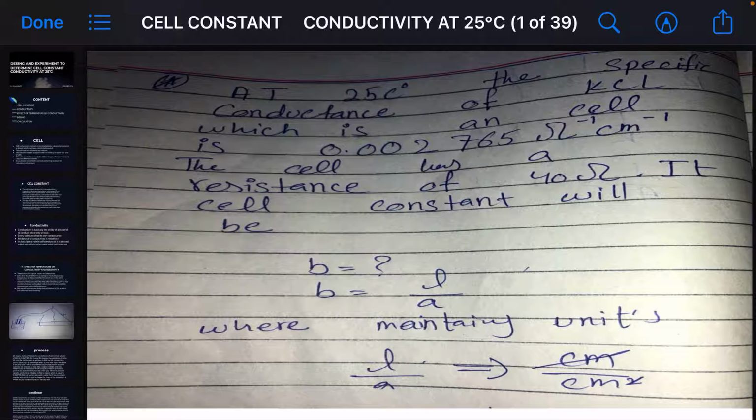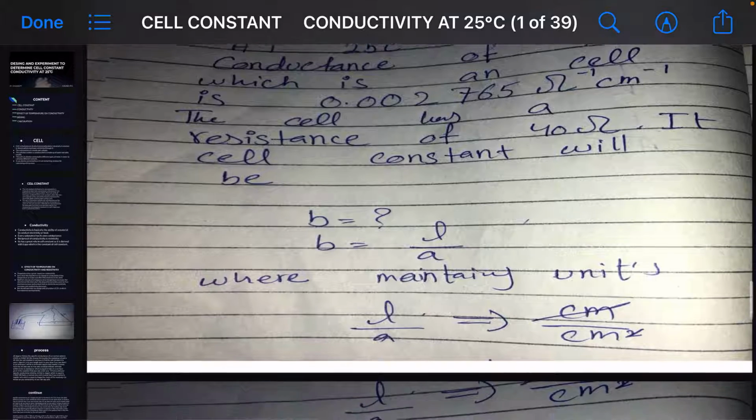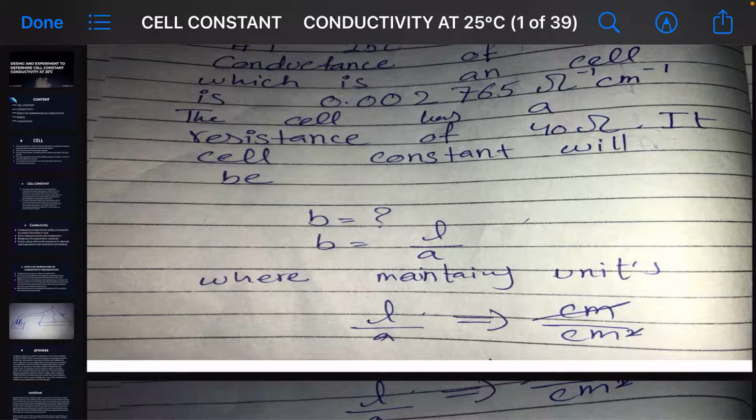So we will determine the cell constant. Basically B is representing the cell constant. If we write B is equal to L over A, L is the length and A is the cross sectional area.